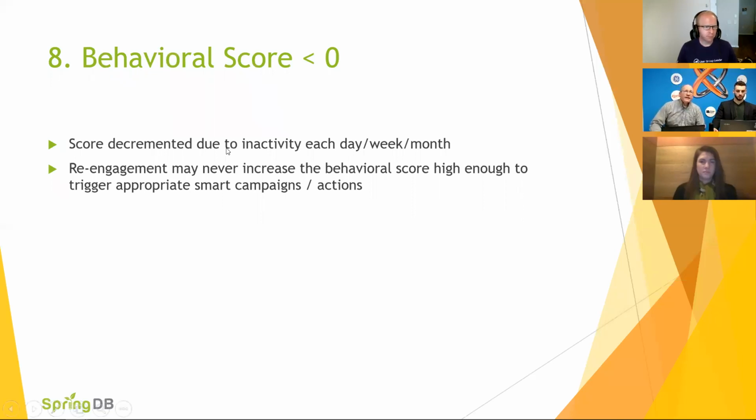And if you allow your behavioral score to go below 0, then if they do re-engage, frequently it goes so far below 0, maybe they take a 6-month or a year hiatus, and then they come back, the behavioral score will never get back over 0 and trigger an alert to a salesperson or make them an MQL or something like that. So definitely inspect your behavioral scores for anything below 0.